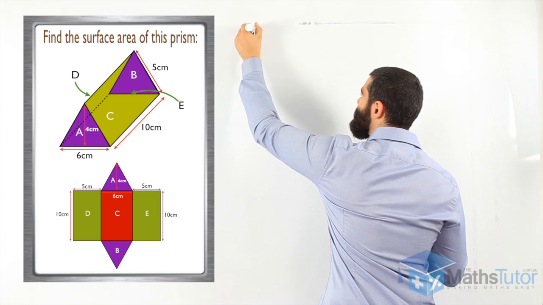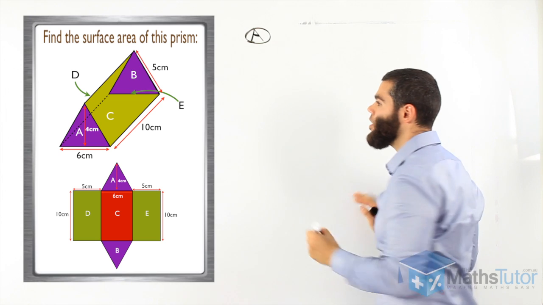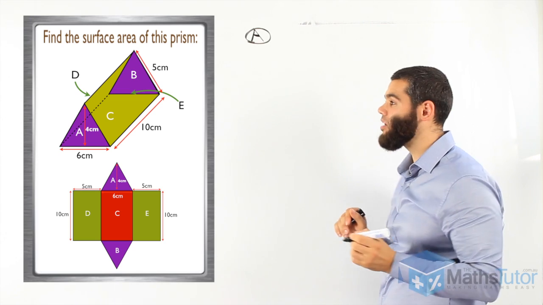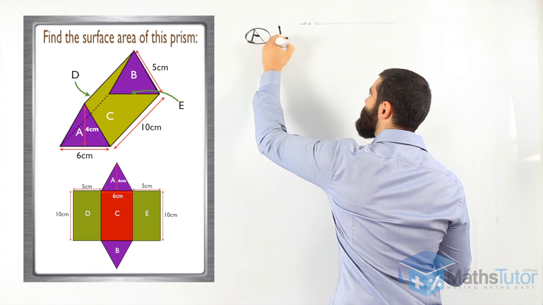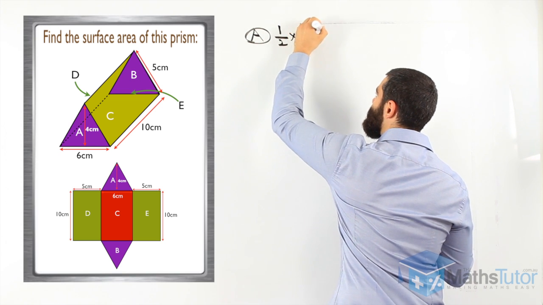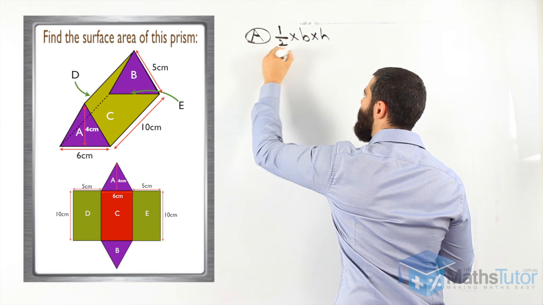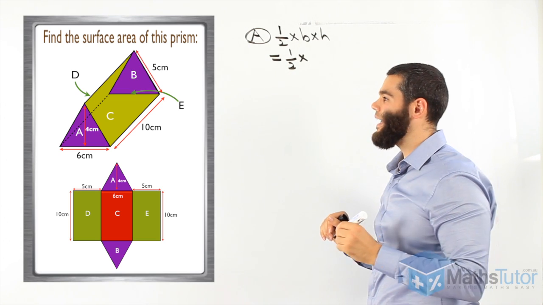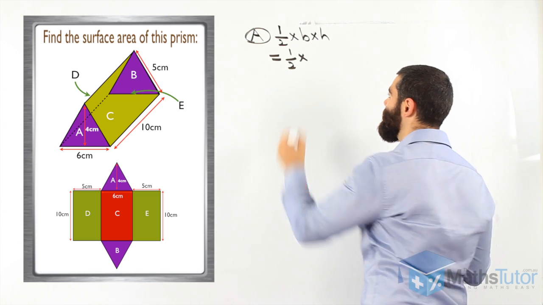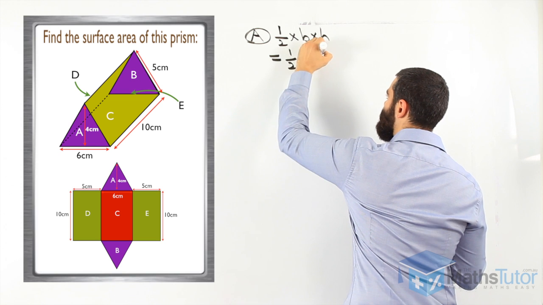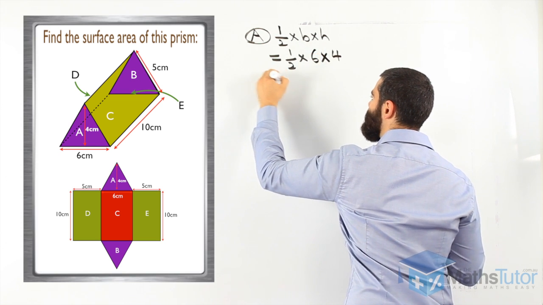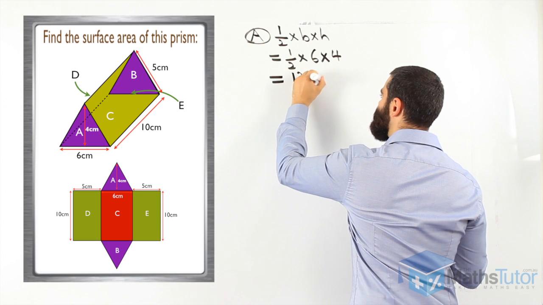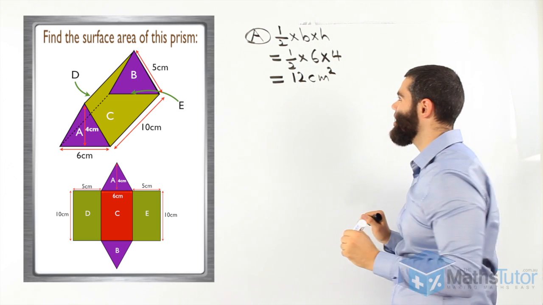Starting with A, we know the triangle has a special formula. The formula is half times base times height. The base of this triangle is 6 and the height is 4, which means half times 6 times 4, 12, and the units are in centimeters, 12 square centimeters.